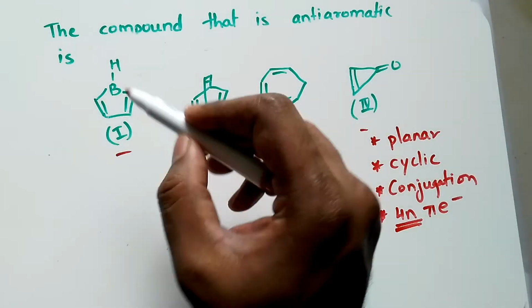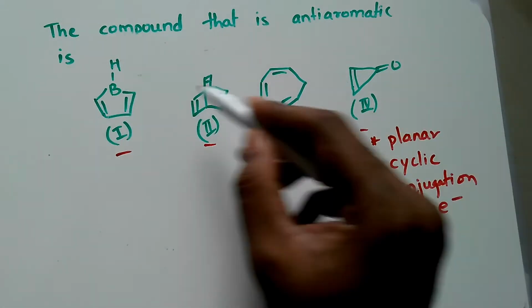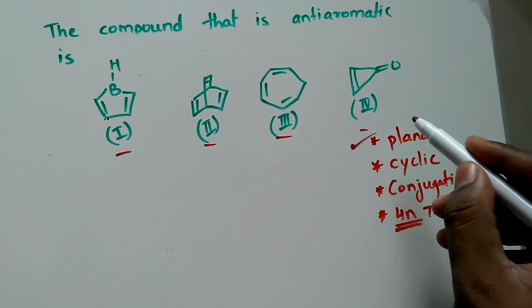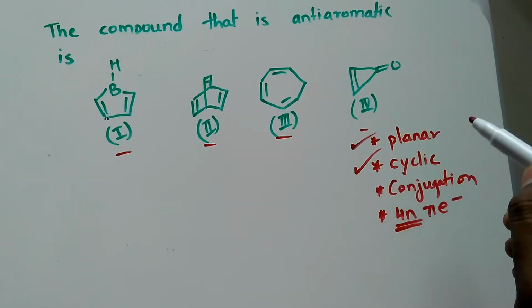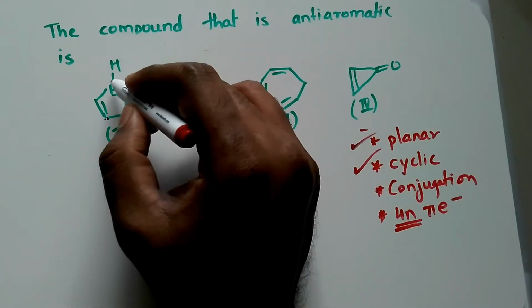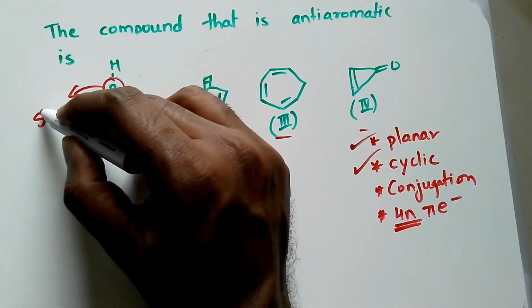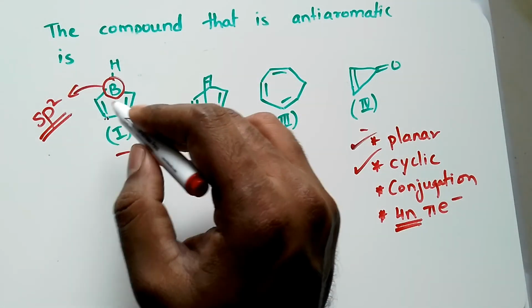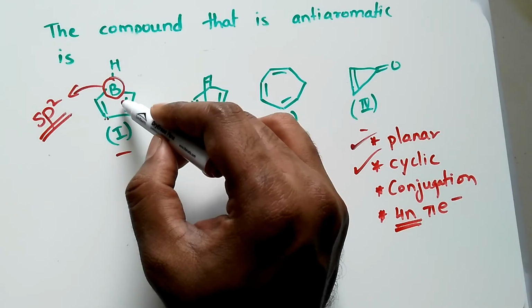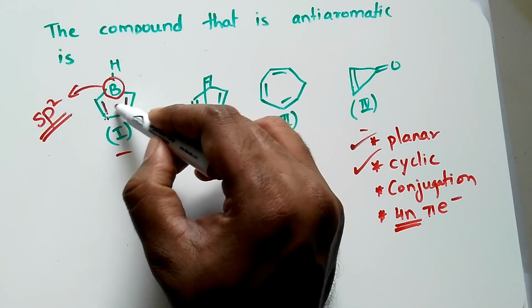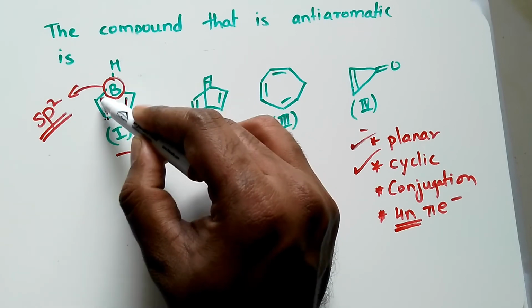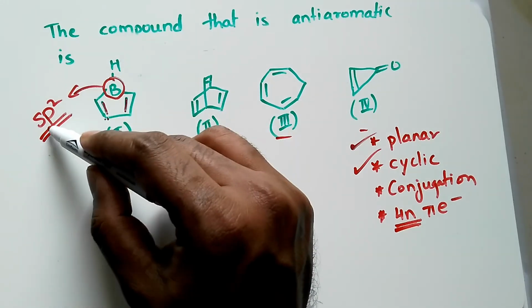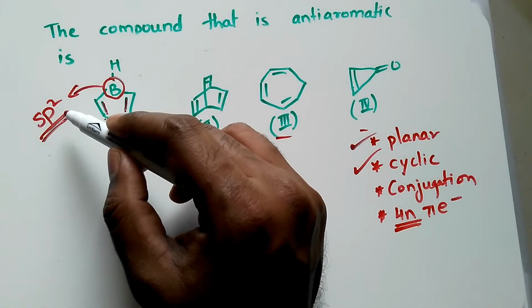Now among these four, let's take this example first. Is it planar? Yes, it is a 5-membered ring, so smaller molecules will be planar. Regarding cyclic structure, it is a cyclic structure. Conjugation, now let's check. What is the hybridization here? The boron atom is sp2 hybridized. What is the importance of sp2 hybridization? The double bonds should be delocalized, moving around in the cyclic structure, held by sp2 hybridized atoms when no charge is there.